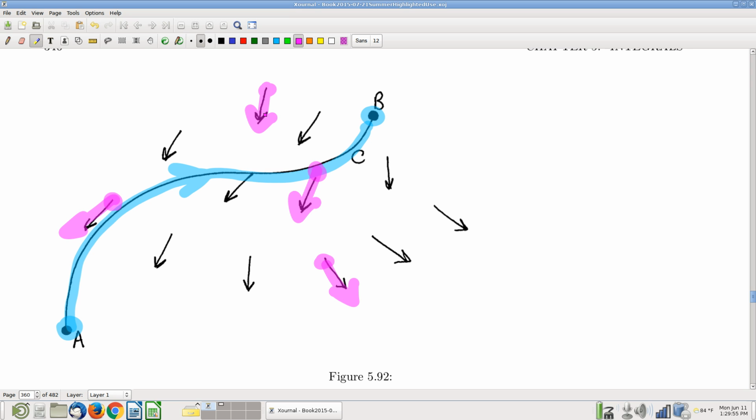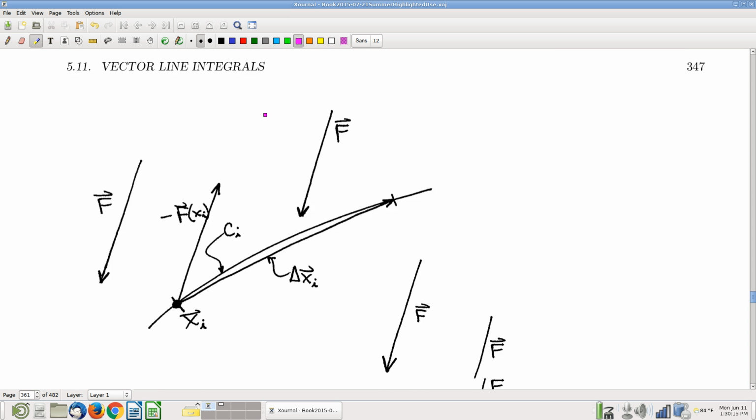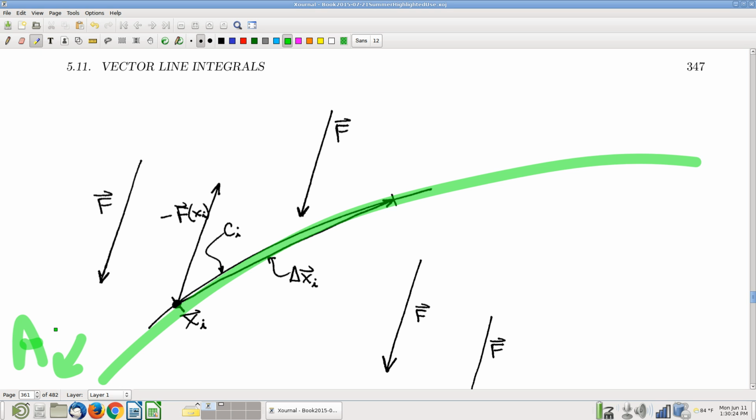The problem was that I had to break it up into little pieces because it was only on each little piece that the things that otherwise were not constant could be treated as constants. Okay. So that's really the problem we're dealing with here. We have some things that aren't constant. Okay, fine. Let's break it up into little pieces, and this great big curve that I have, there's my whole curve, back there is where my starting point was, and over here is where my ending point is.